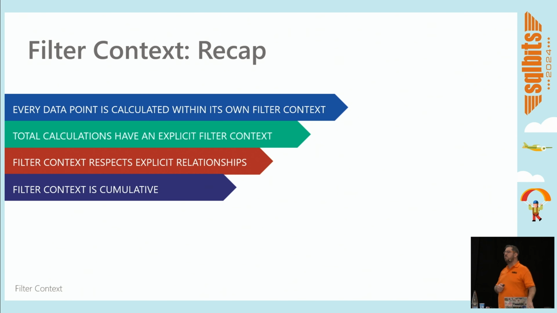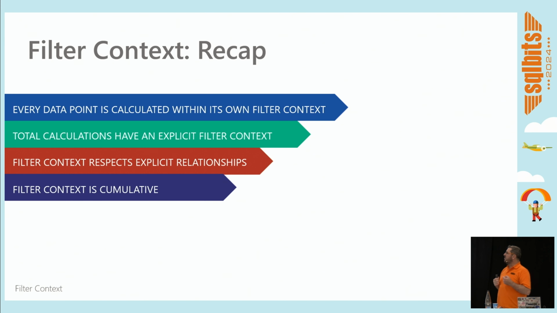Filter context is cumulative. What does this mean? Well, when you filter context, unless explicitly you do something to make it not do this, it will always keep on adding. So if you're looking at a matrix that has animal, time of day, and your calculations, each filter context is animal and time of day, et cetera, et cetera.